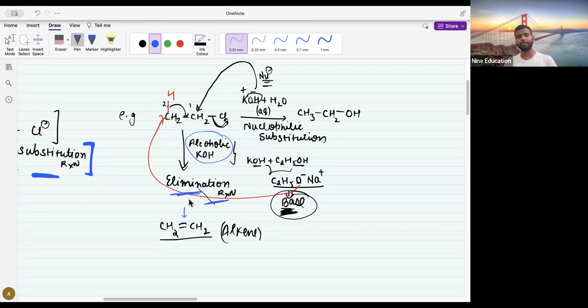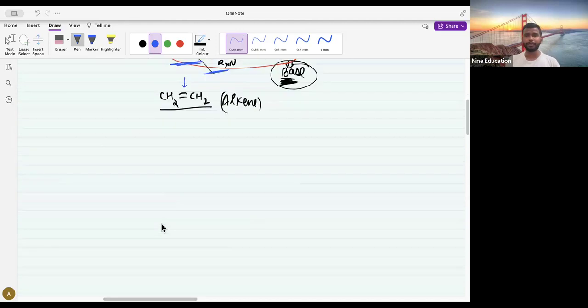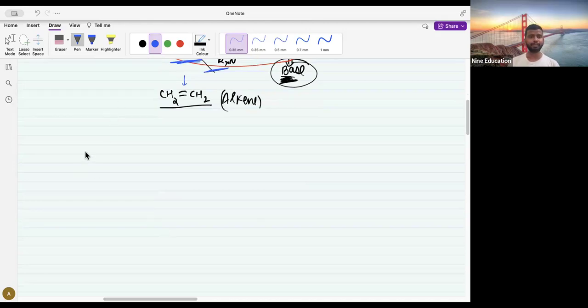So again, I am going to teach the repetition of this. Let's see once more. Let's say we have the same example, CH3, CH2, Cl, and if I put in this reaction KOH with water, meaning aqueous KOH, what will happen?